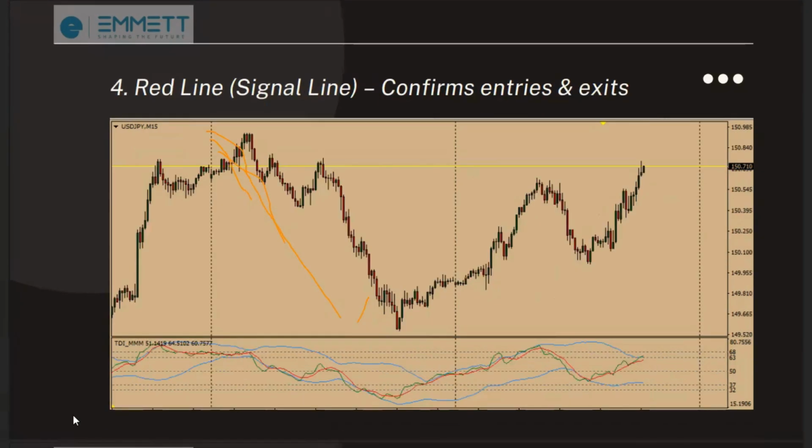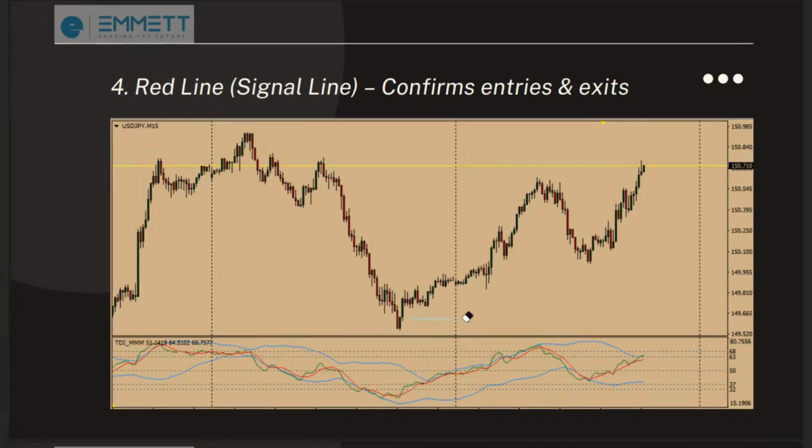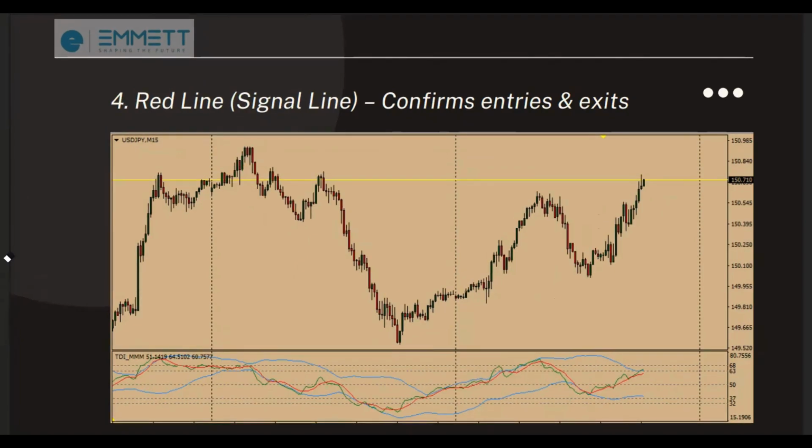The TDI also has something we call the signal line. Okay. The signal line. Now, the signal line is actually your trade confirmation. It tells you when to execute the trade and when to exit that trade. So we are technically saying that when the green line and the red line cross, we have a trade.